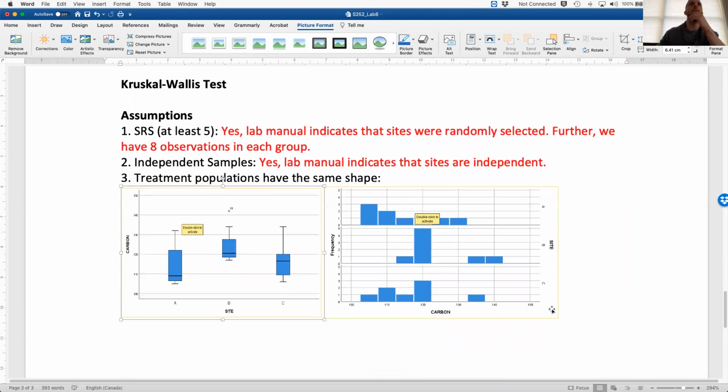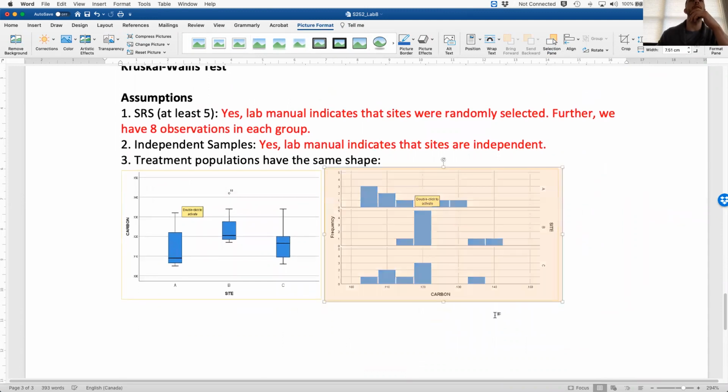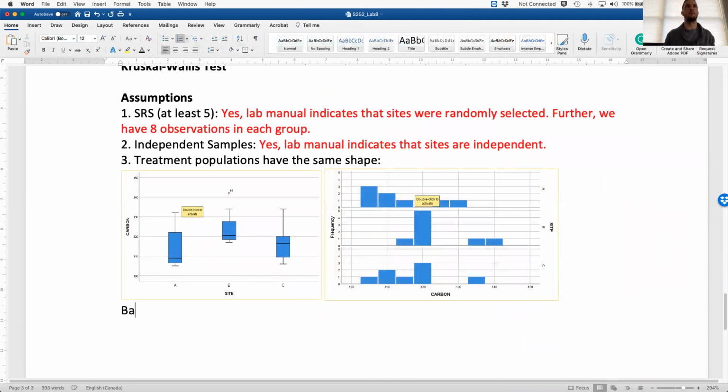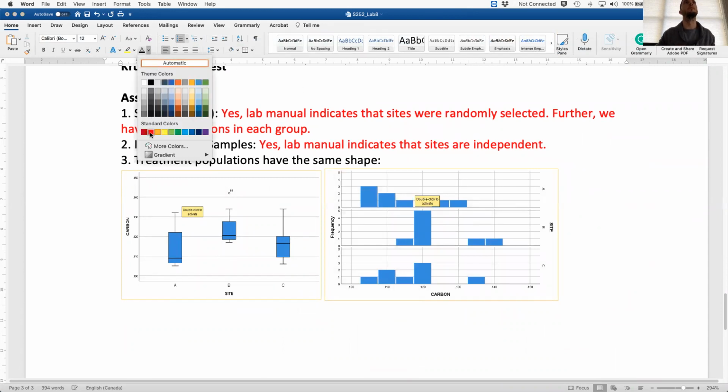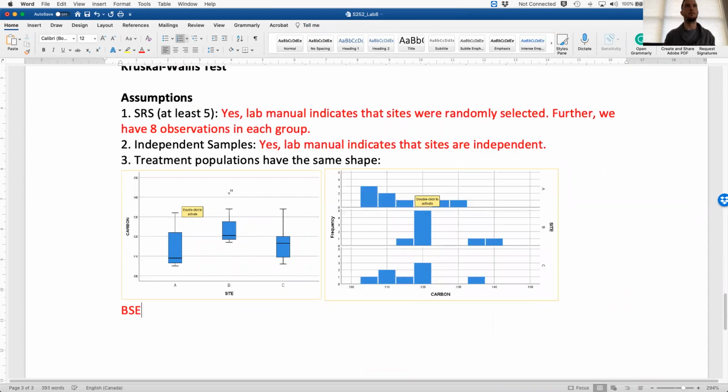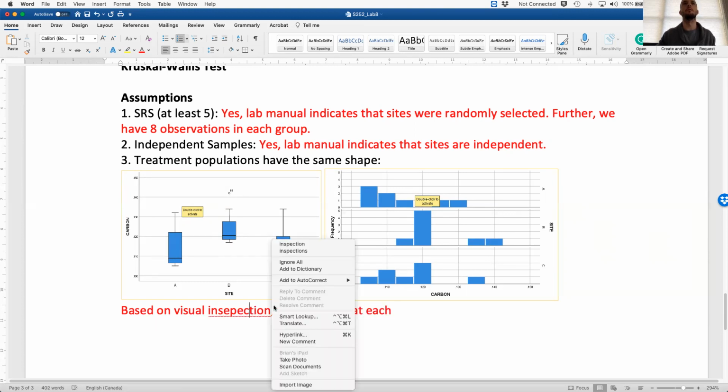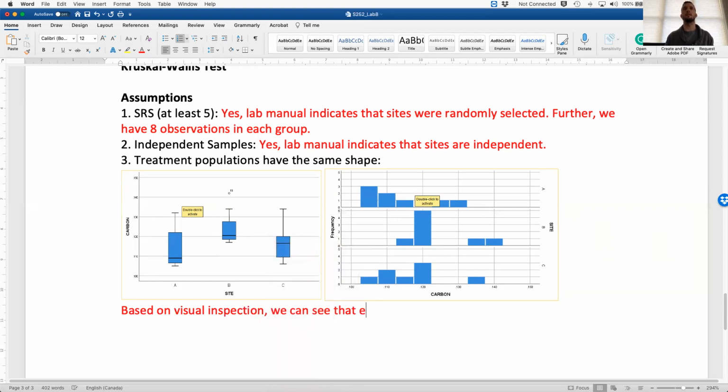All right, so based off of visual inspection here, we can see that both site A and B show some right skewness.